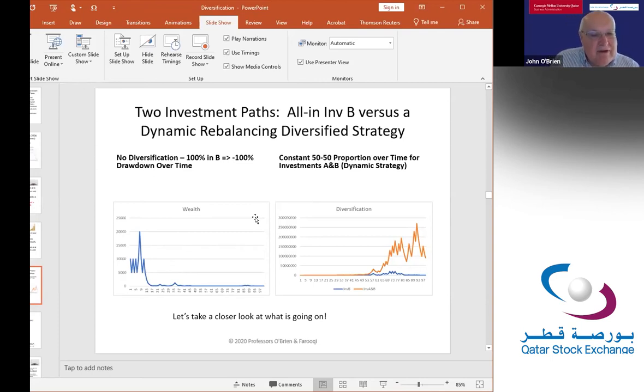The left-hand side is ignoring risk management, and it's a bad strategy. So having a good approach to risk management is not going to guarantee you, we don't guarantee anything in the world of finance, but it's going to make it more likely that you'll increase your wealth as opposed to reducing your wealth.